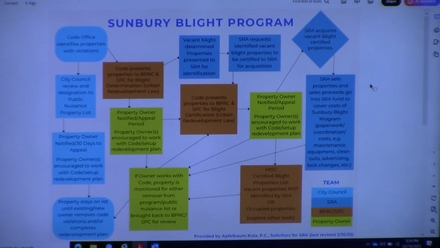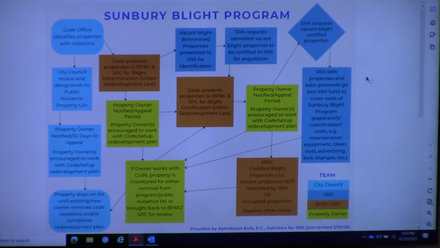While we were going through the process with the blight review, or BPRC and SBC committees, we also take the properties to the redevelopment authority, both residential and commercial, again, looking at the ones that are vacant.